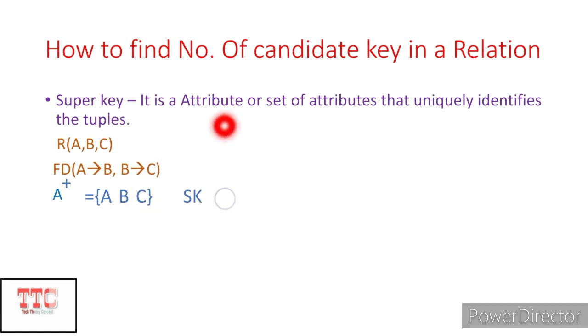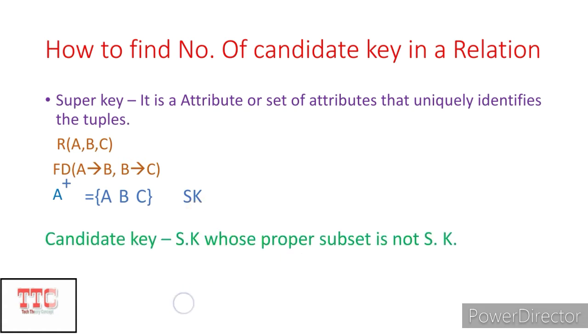Now to calculate the number of candidate keys in a relation, first we need to find the super keys. Then we check whether each super key is a candidate key or not, according to the candidate key definition. What is it? According to the candidate key definition, a super key whose proper subset is not a super key is called a candidate key.